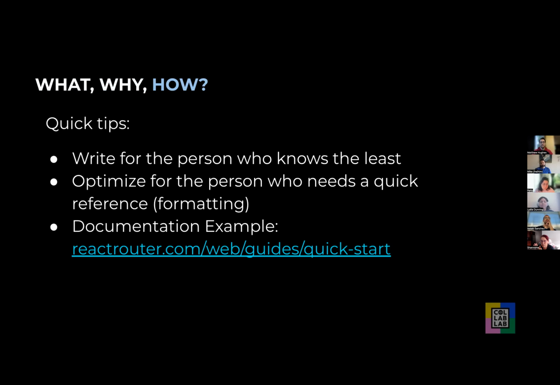On the flip side, you also want to optimize it for the person who needs a quick reference. That can be done through formatting and keywords, so people can quickly scan and find what they're looking for.